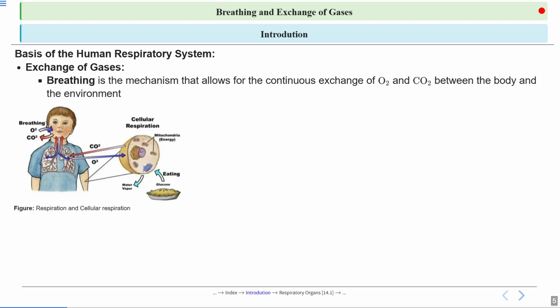In this image, there is a child inhaling oxygen and exhaling carbon dioxide. This is breathing. The exchange of gases is known as breathing. Oxygen is represented by blue and carbon dioxide by red. The oxygen is inhaled through the mouth or nostrils, then it finally reaches the lungs.